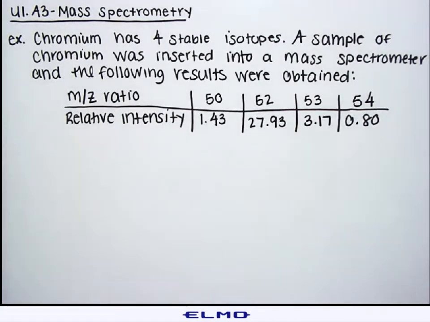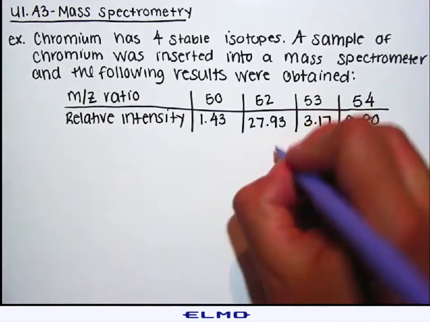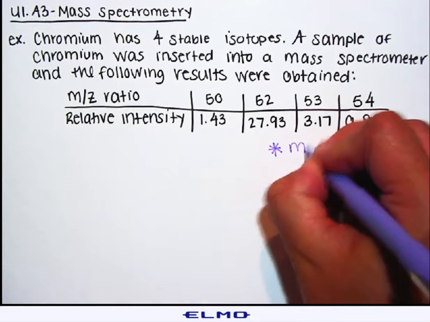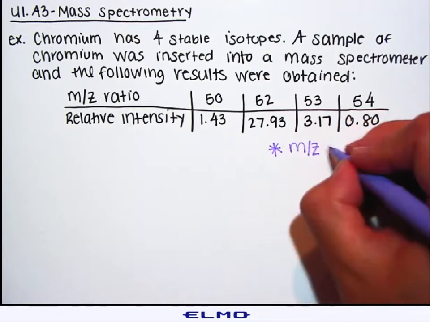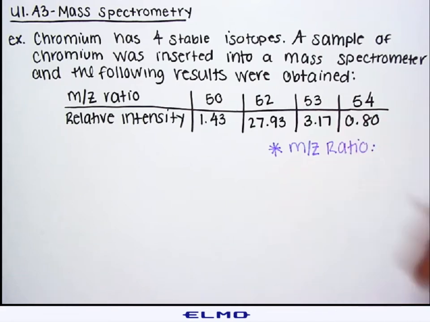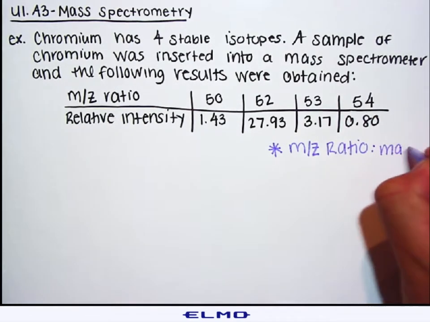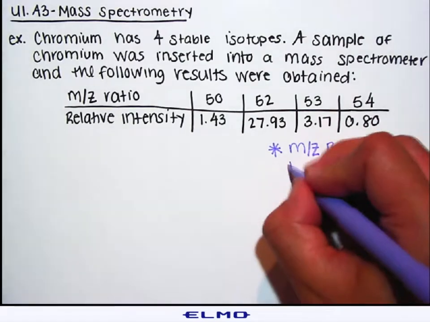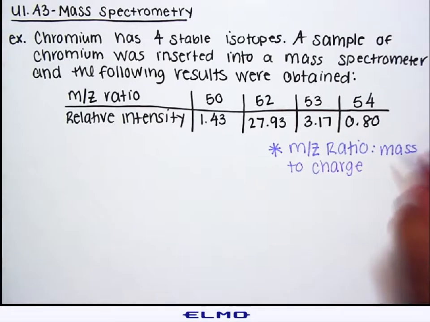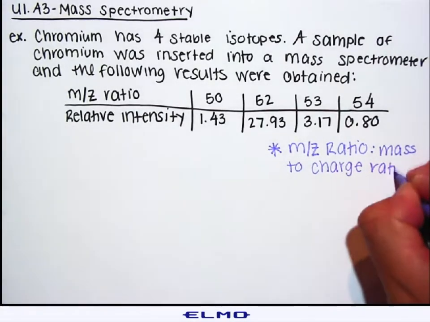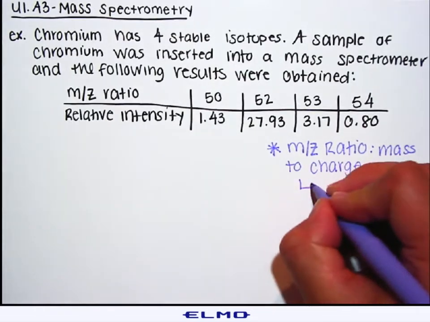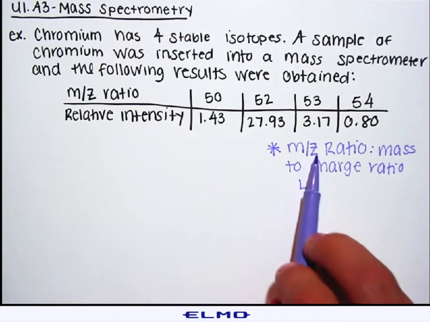Alright, so let's talk about what this data gives us. The M to Z ratio is what we call the mass to charge ratio. Usually, Z is for our formal charge.